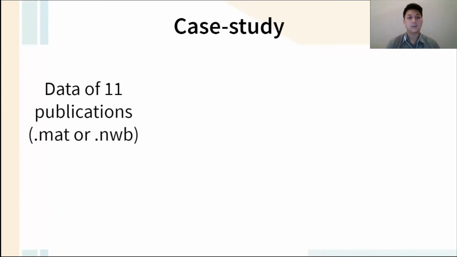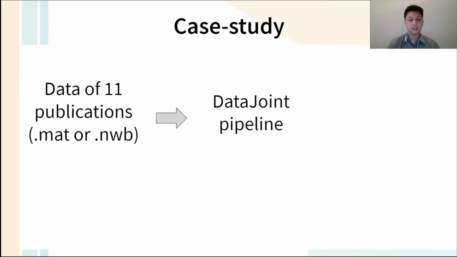These data are either in .mat format or NWB 1.0. Taking these data, we built DataJoint pipelines that are more or less NWB compatible. And these pipelines also feature built-in NWB export capability that would export into NWB files.